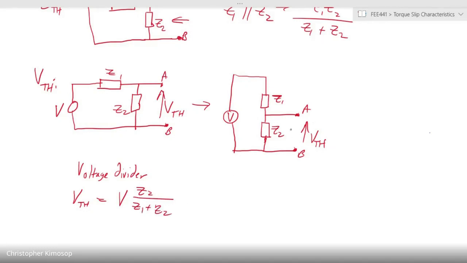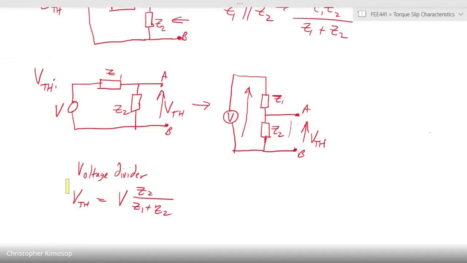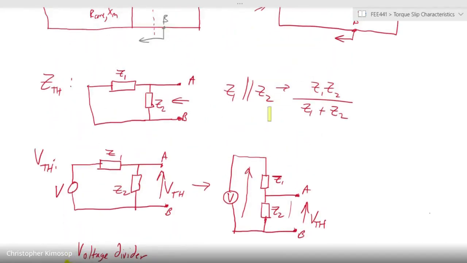So the voltage across this point is split by the voltage divider in that ratio, okay? So we have these two expressions that we will make use of later on.